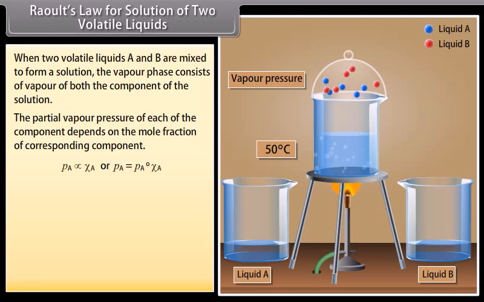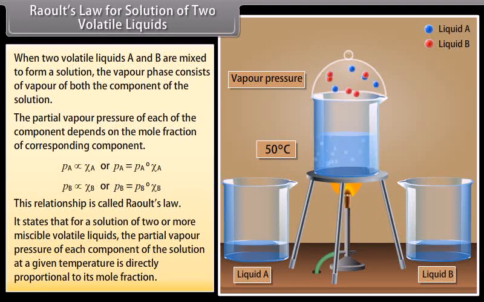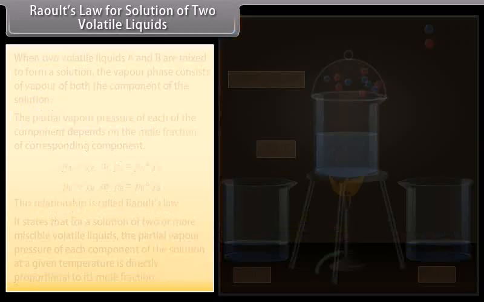PA is equal to PA naught into XA, and PB is equal to PB naught into XB. This relationship is called Raoult's law. It states that for a solution of two or more miscible volatile liquids, the partial vapor pressure of each component of the solution at a given temperature is directly proportional to its mole fraction.